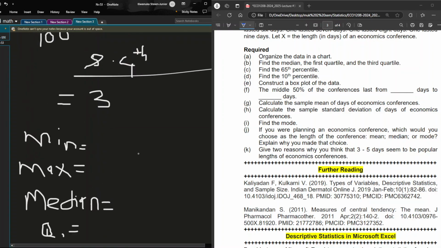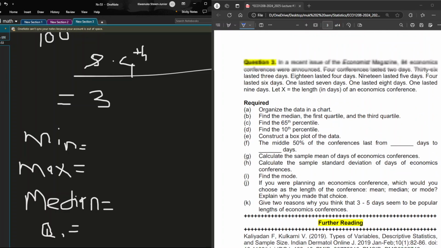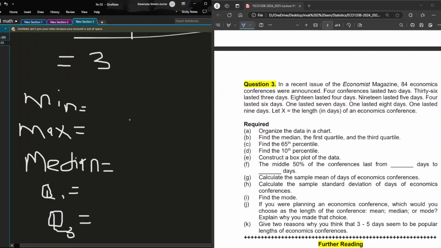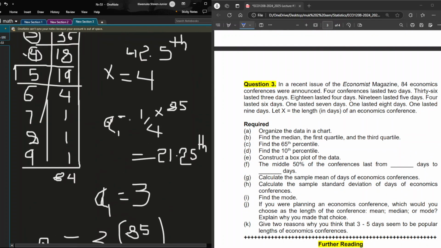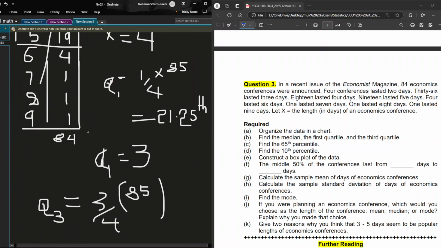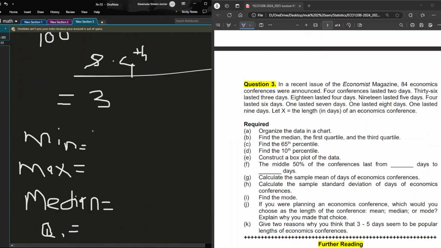So our min value is a 2. Where is that data? Here. This is a 2. Yeah, our min value here, x is a 2. And max is a 9.